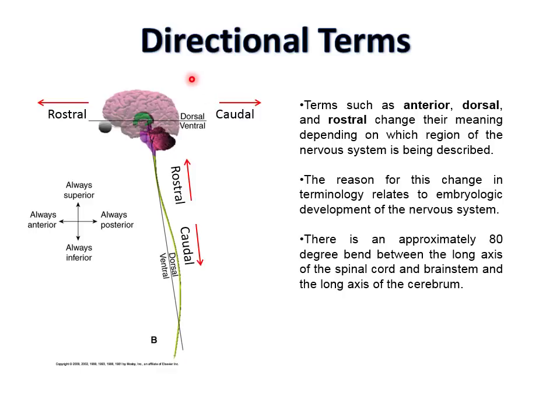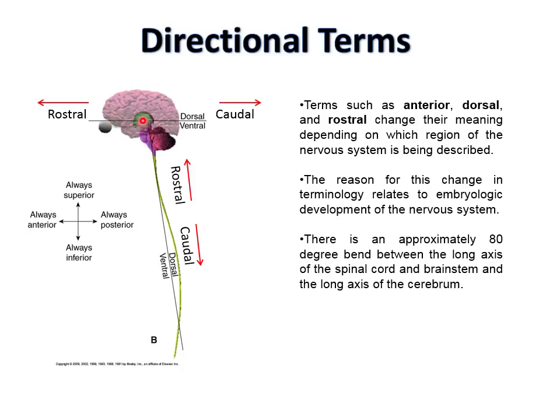The directional terms vary at different locations within the nervous system, so that in the brain, rostral is the anterior portion of the brain, and caudal is the more posterior portion of the brain. And dorsal is the more superior portion of the brain, and ventral is the more inferior portion of the brain.